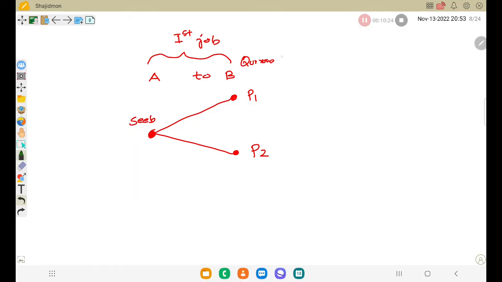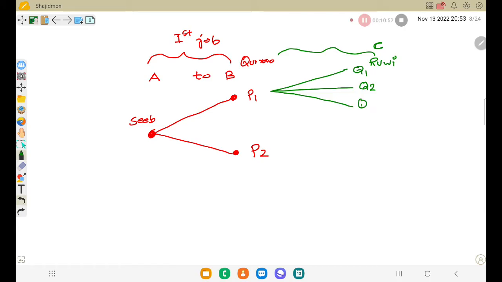From Kuram I want to move to Ruvi, another place, which I call place C. So I want to move from B to C, and for this I have three options. Once you reach Kuram and want to move to Ruvi, I have one road, a second road, and a third road. I am calling them Q1, Q2 and Q3.